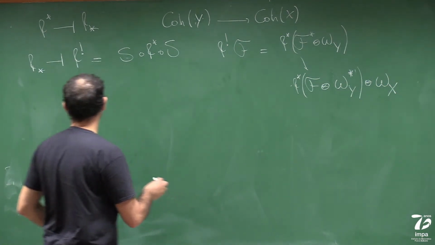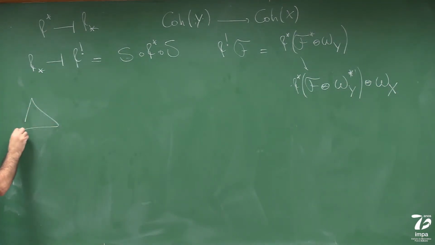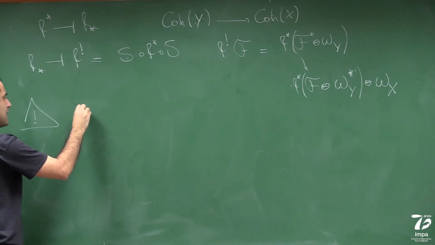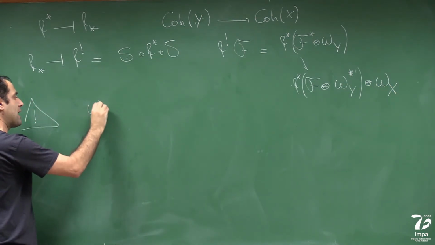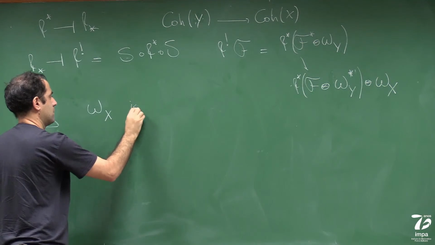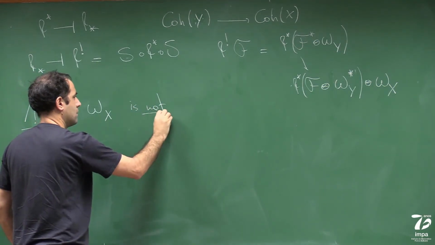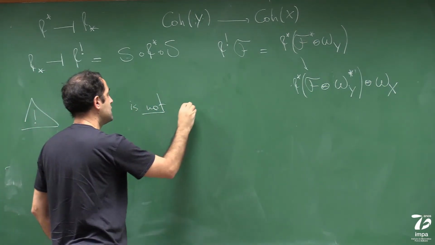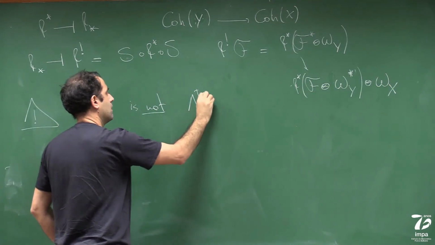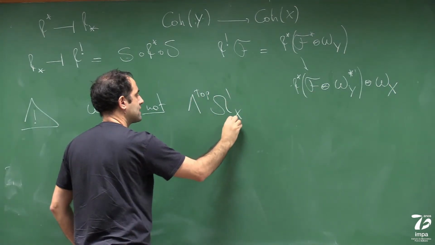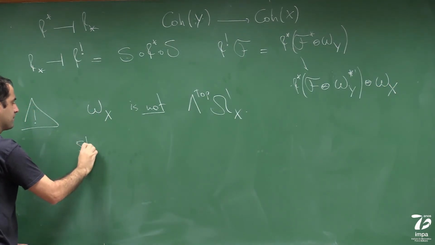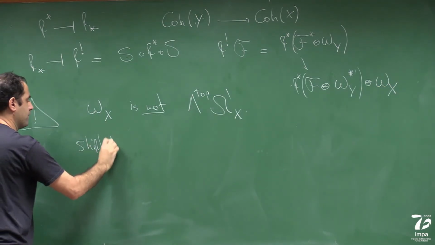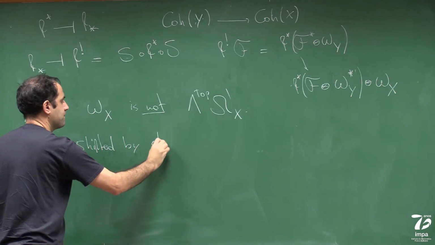Now, there's a caveat in something that I said, and we're going to correct this, at least I'm going to state it: omega x is not what you think. To make all of these theorems true, this is not the top power of omega 1 of x, but it's rather that shifted by the dimension of x.